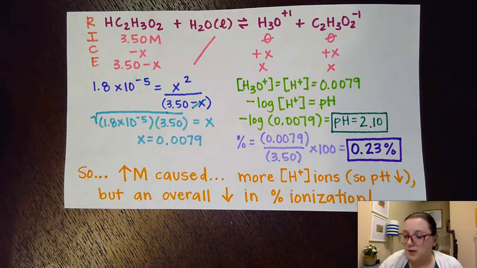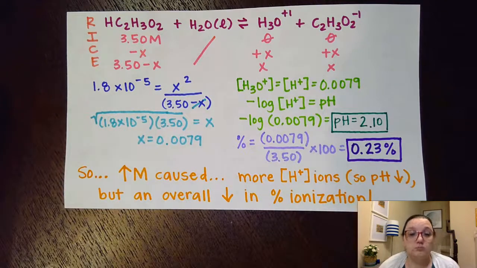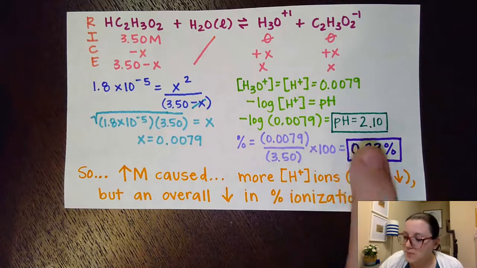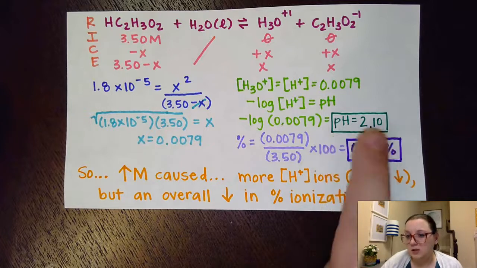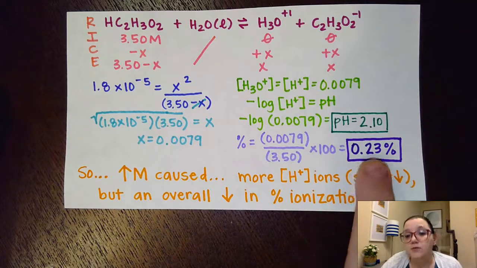So now think about what's happening here. I increased molarity for this example. I went from 2.50 molar to 3.50 molar, which means I had more hydrogen ions. So does it make sense for this pH to be a little bit lower than the other one we saw? Absolutely. If the molarity was greater, then I should be making more of those hydrogen ions. However, notice that the percent dissociation actually decreased.